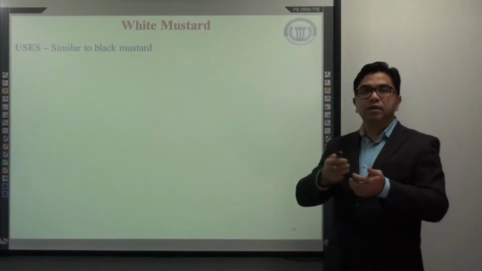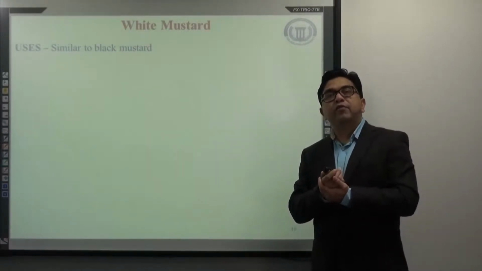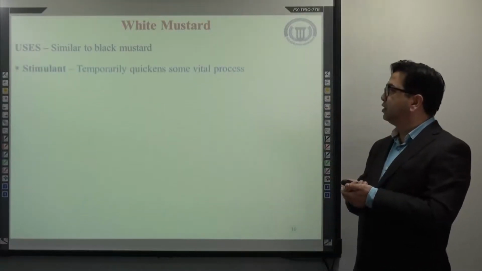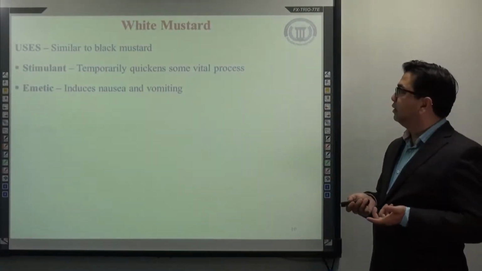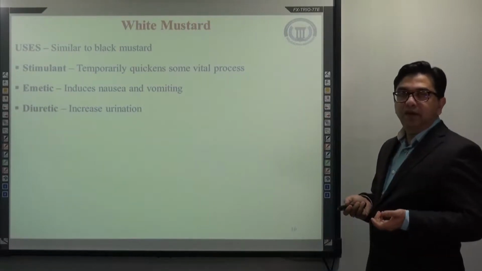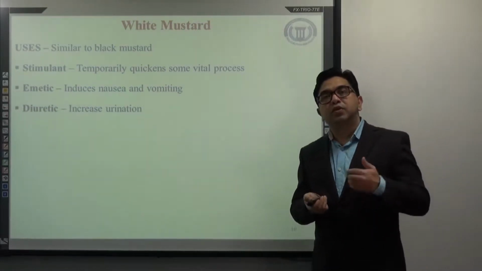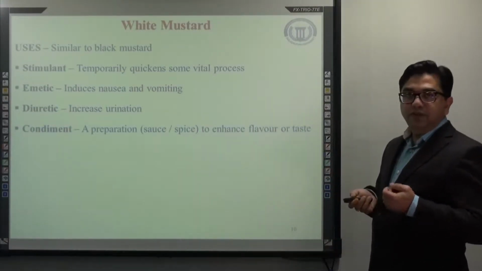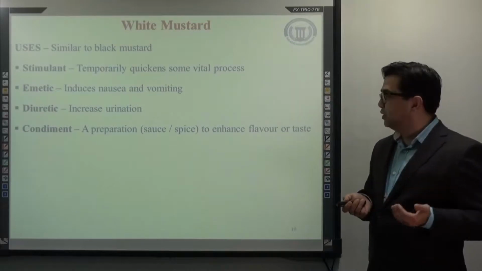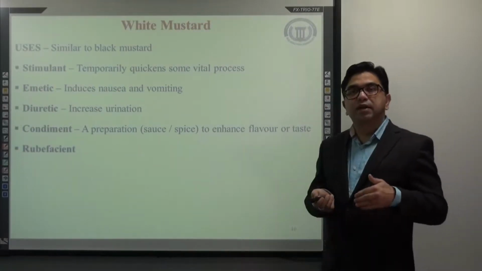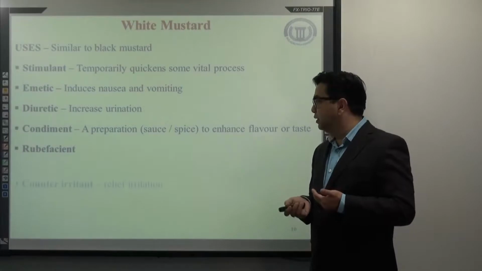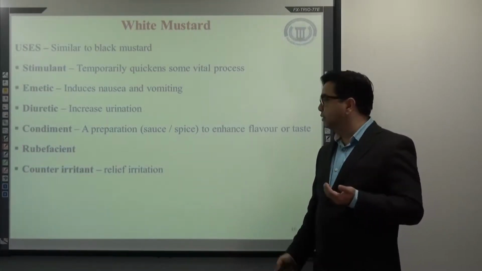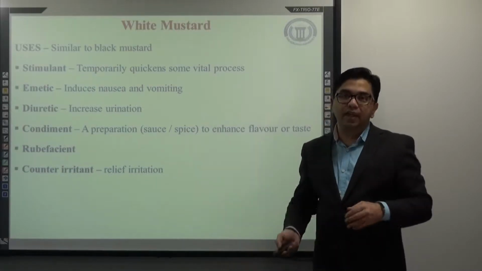Now talking about the uses, white mustard seeds are almost similar to the black mustard seed. They are used as stimulant, emetic, also as a diuretic agent, and as a diuretic they can be useful to reduce the blood pressure of a patient, and also used as condiment like black mustard, also used as rubefacient just like black mustard, and moreover they are found to be useful as counter irritant to relieve irritation of the skin.